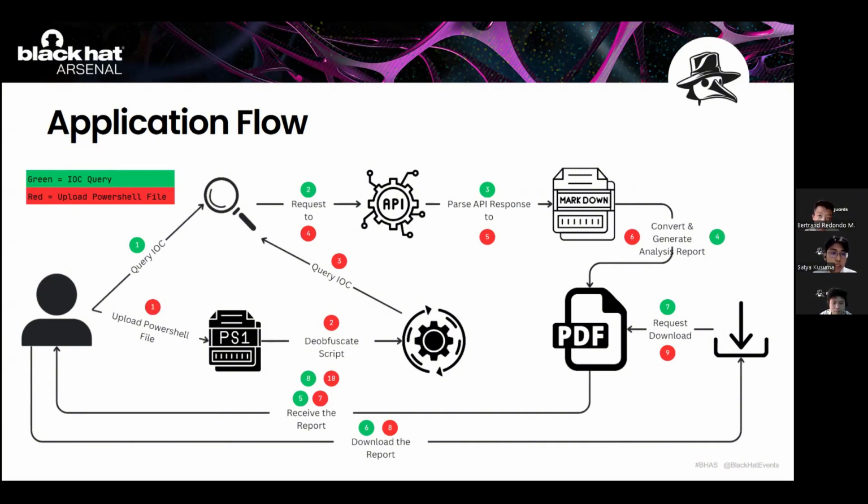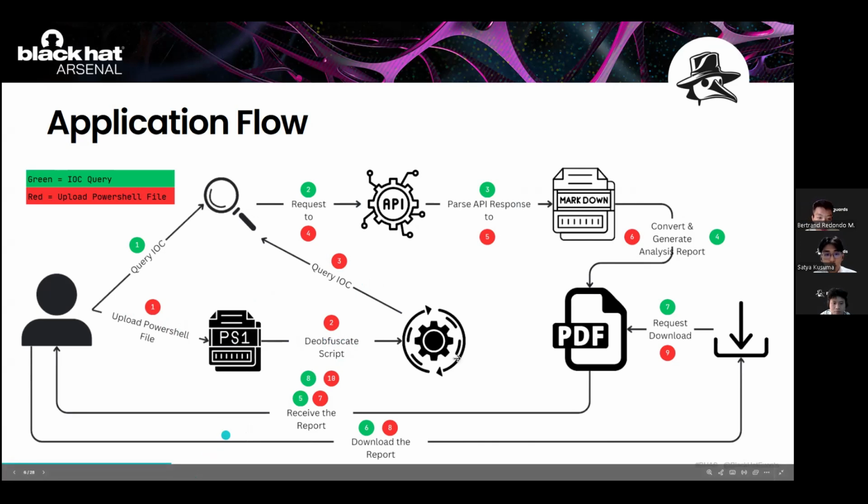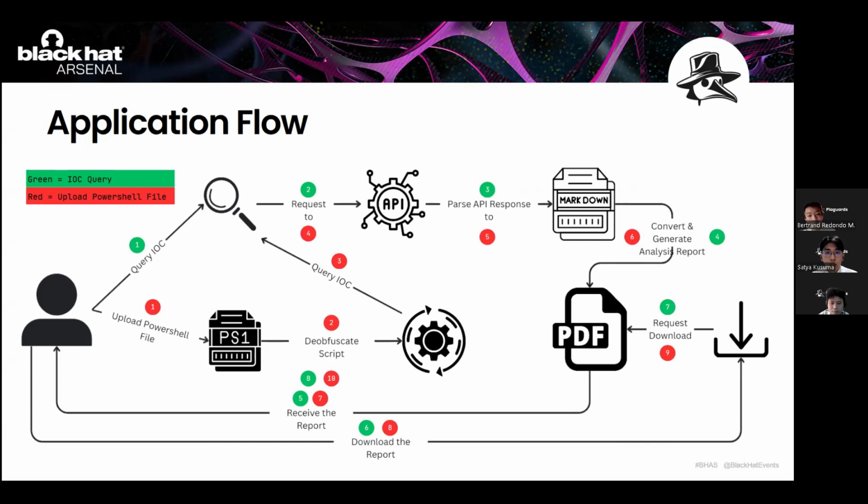The second flow is to upload a PowerShell file first, and PlayGuards will deobfuscate the script and search for IOCs, which are domains and IP addresses, and then it will request to the API, parse the response, and convert it into a PDF report, which can also be downloaded.